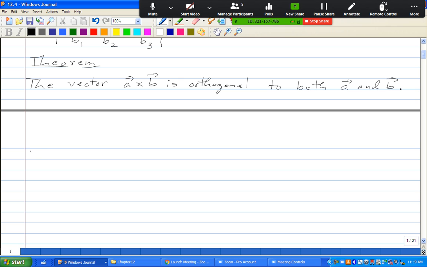First, let's prove that it's orthogonal to the vector A. I want to show A cross B is orthogonal to A, so let's take this dot product and see that it is 0.